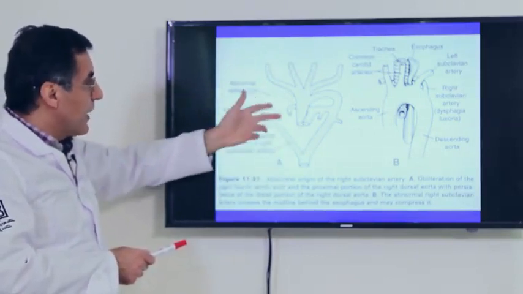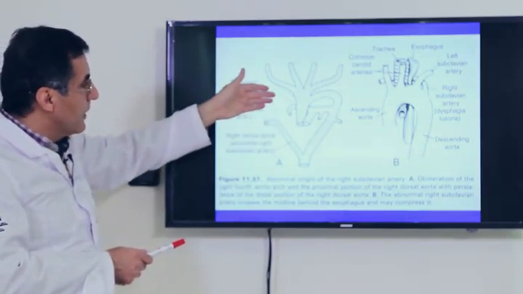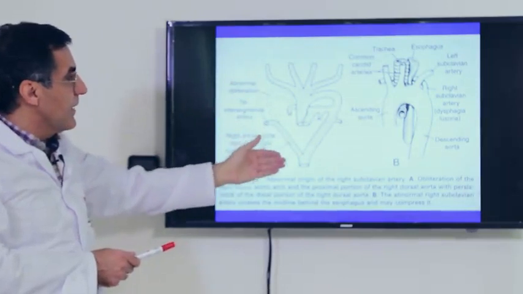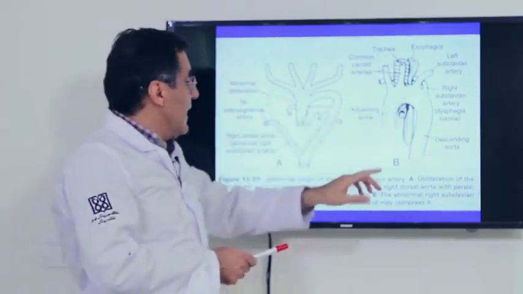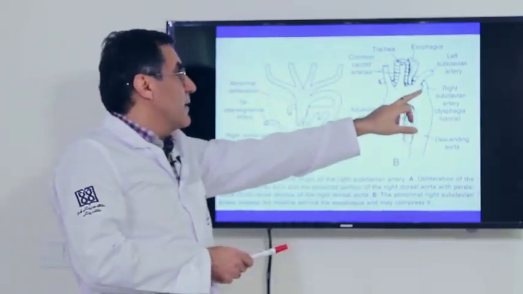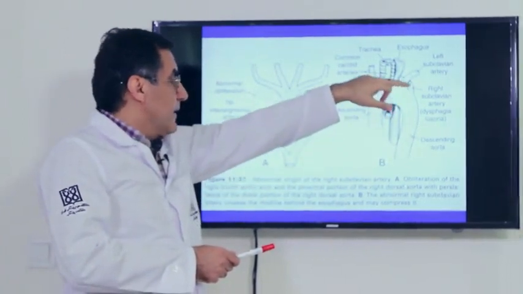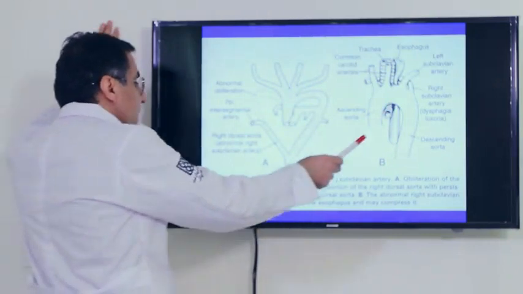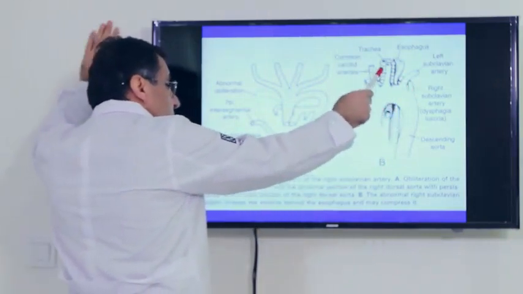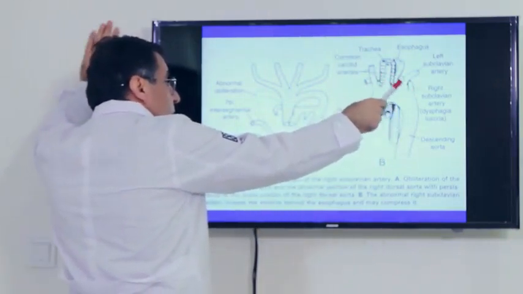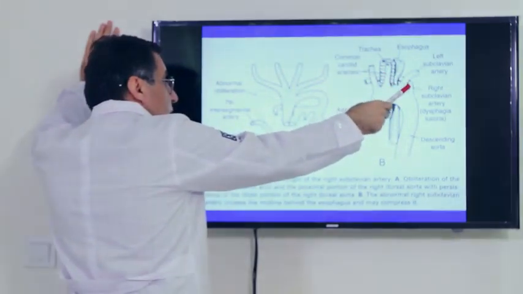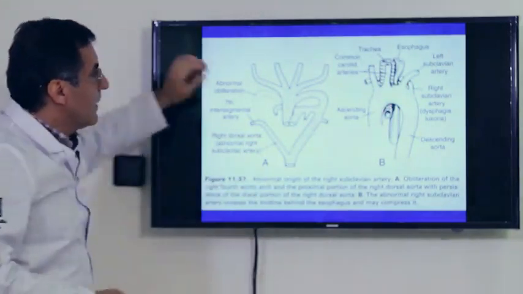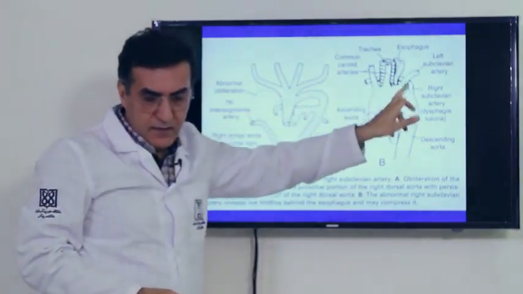Here we have the vice versa, the proximal part is obliterated and degenerated, and the distal part remains. As a result, this abnormal right subclavian crosses the midline behind the esophagus and may compress it, because this artery wants to go to the right side, and here we have dysphagia.